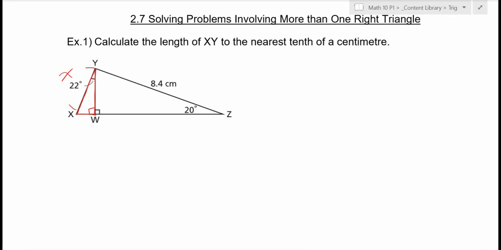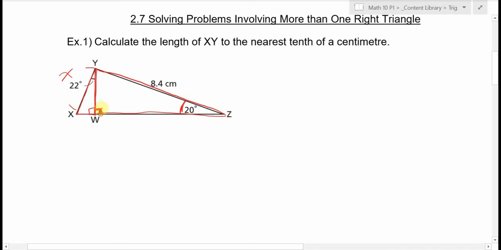However, we can look at this triangle, and this triangle has more than one piece of information. It is a right triangle, that's given to us. We know this is 20 degrees, and we know that this part is 8.4 centimeters. So we have more than adequate information to solve for the rest of the triangle.